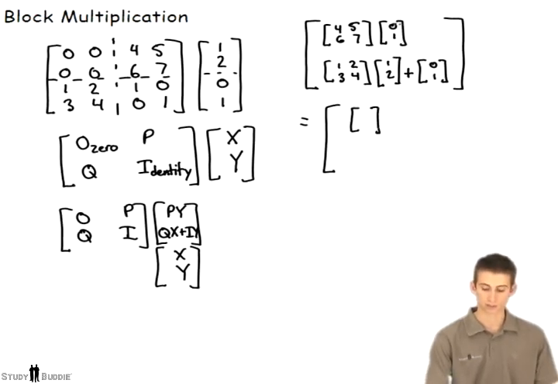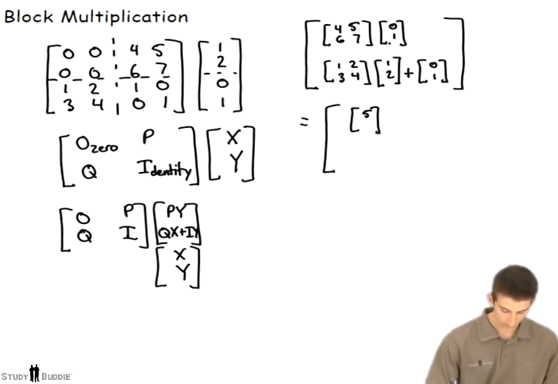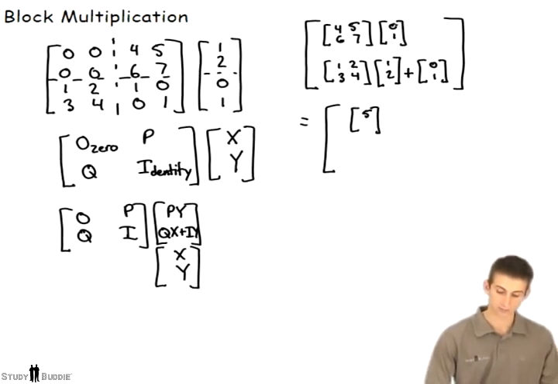It's going to be 4 times 0 plus 5 times 1, so it's going to be 5 at the top. And then we've got 6 times 0 plus 7 times 1, which is going to be 7.